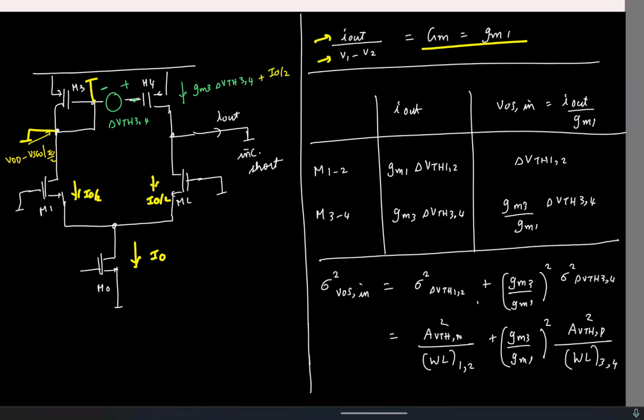Cool. So if this is done, let's move on to the next OTA. After looking at the 5-transistor OTA, what is the next configuration we looked at? We looked at the cascode, and first we saw the telescopic cascode. So let's quickly do noise and offset for this guy.